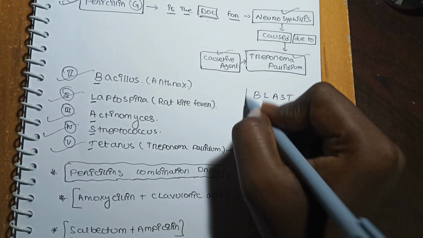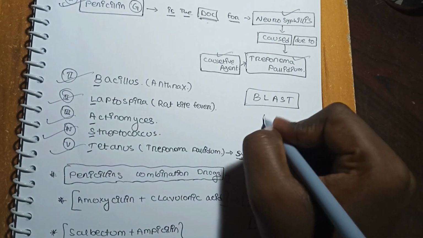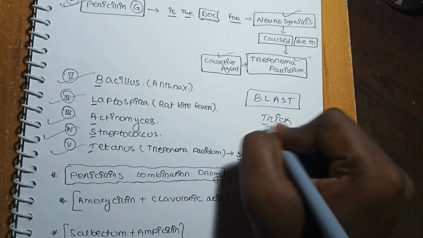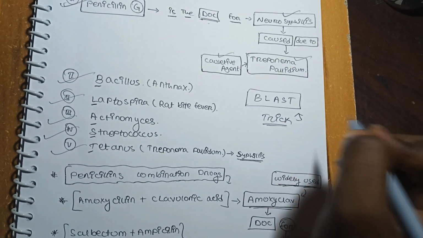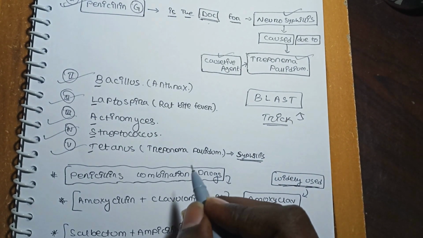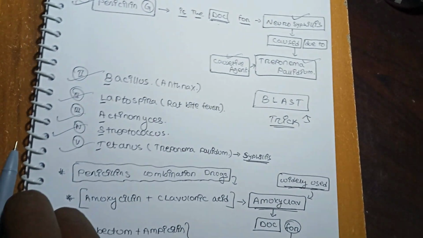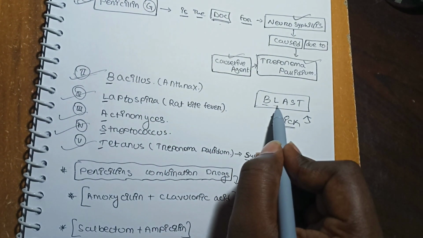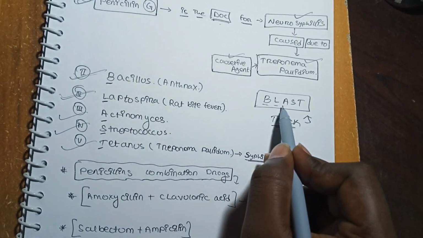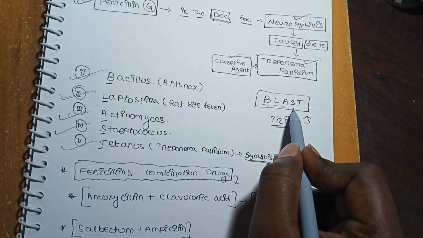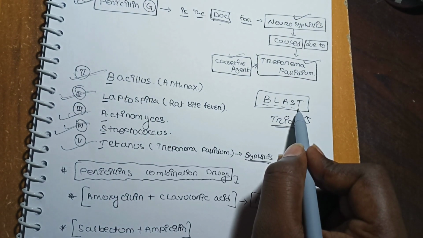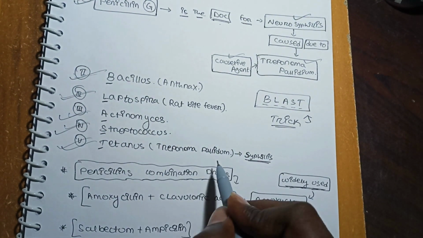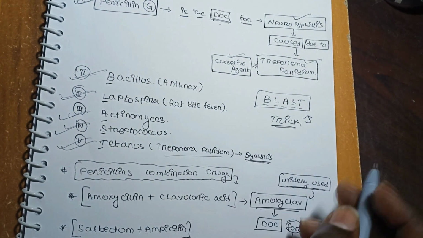The trick is BLAST, to memorize the uses of penicillin. B stands for Bacillus. L stands for Leptospira. A stands for Actinomyces. S stands for Streptococcus. T stands for tetanus or Treponema pallidum, syphilis.